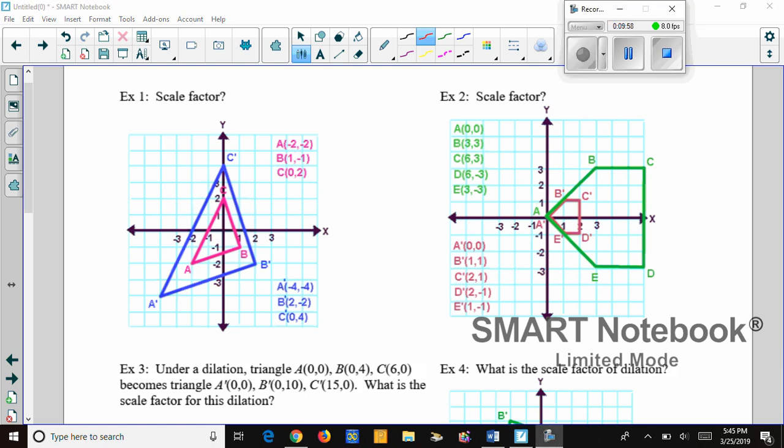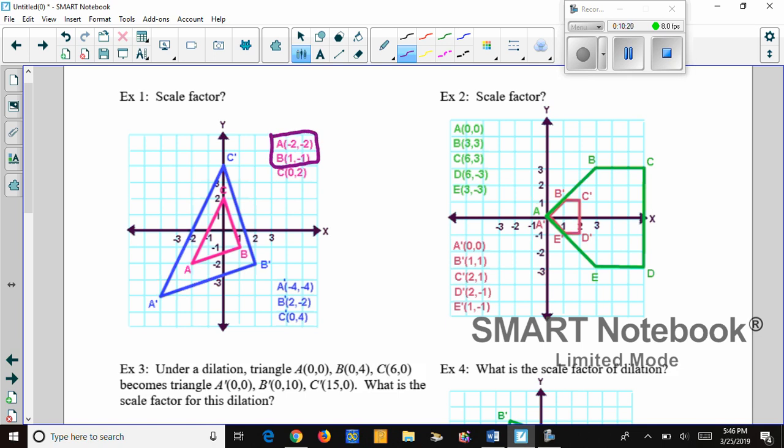One approach to this would be to find the lengths of one side of the pink triangle and then the corresponding side of the blue triangle. Let's find the distance for A to B. So I'm going to look at these 2 points.